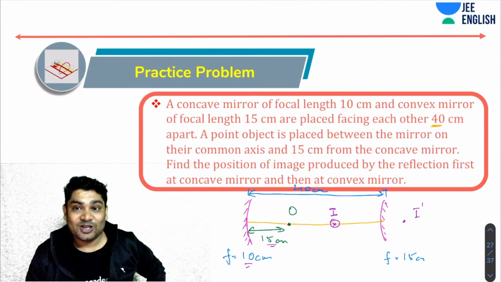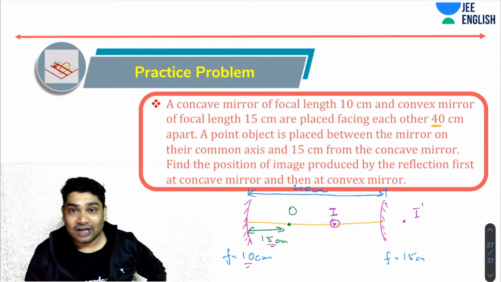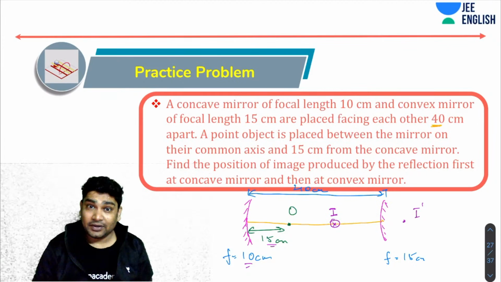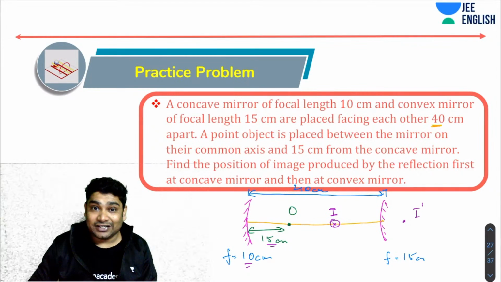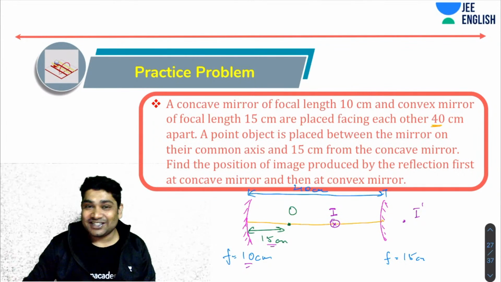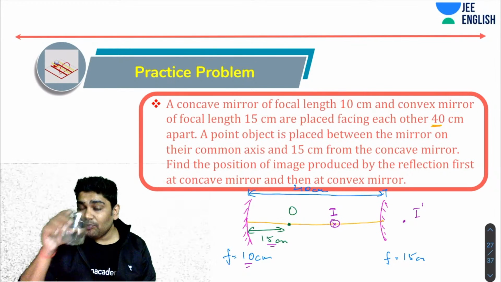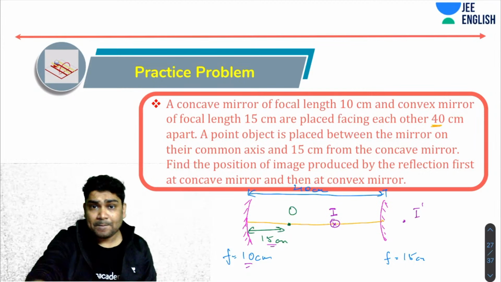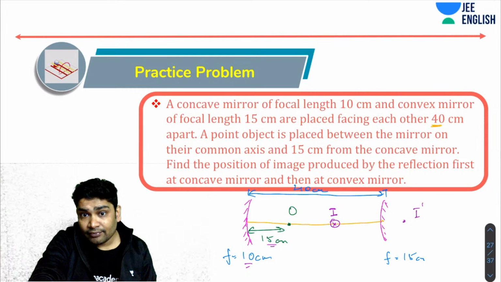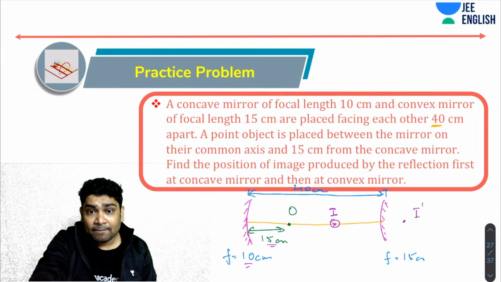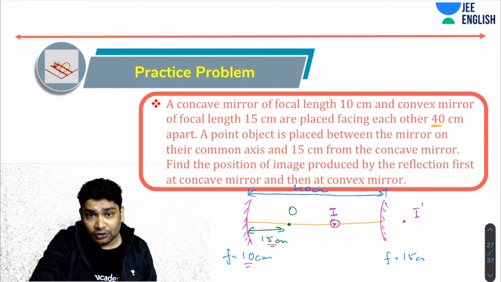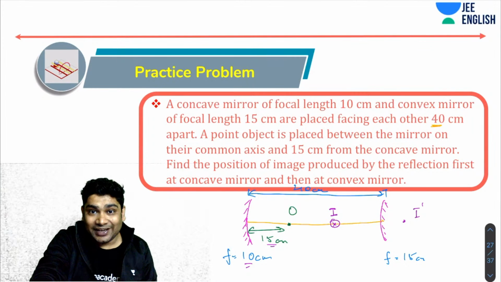So how do we get this? Anyone trying? Let me know. If you're trying, then I can wait for you. Otherwise, I'll solve this, since this is the first question that we are tackling. If you want to try this on your own first, you can let me know in the chat.